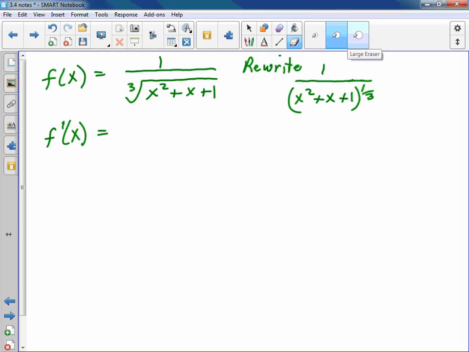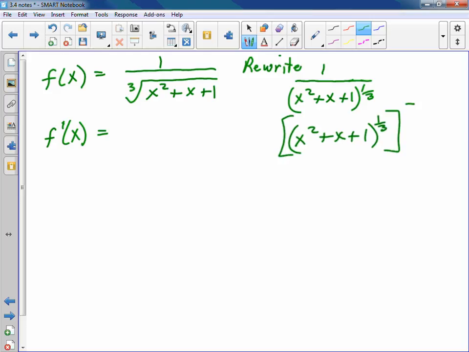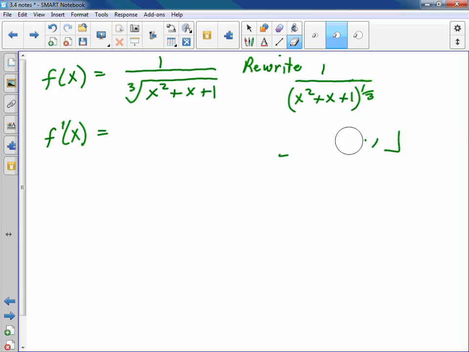I get thinking about the next problem and stuff. Okay, so this is to the 1/3. And then, Ian, were you saying x squared plus x plus 1 to the 1/3 to the -1? I don't know if you were saying, but that is actually correct.